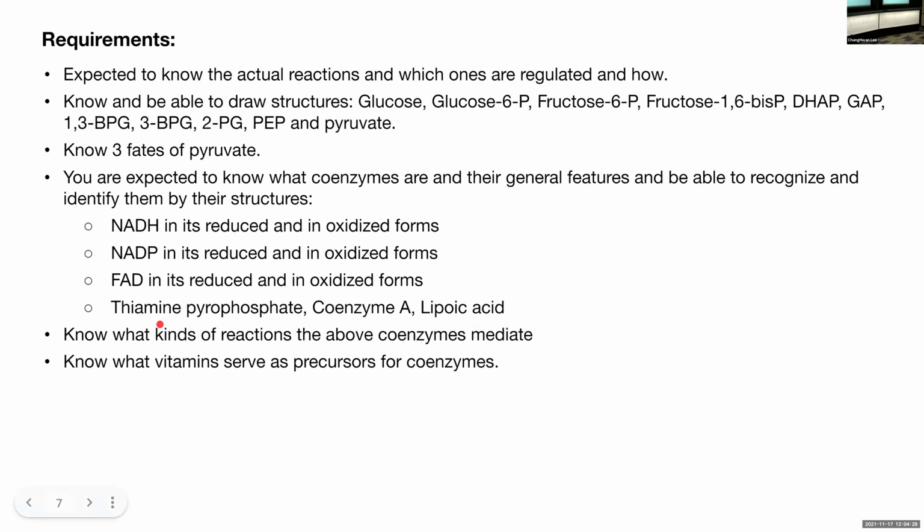As long as you understand how they're involved and what their roles are in boosting the reactions, you should be good. You need to know the kind of reactions these coenzymes mediate, whether oxidation or reduction and so on. Once you understand how redox reactions happen, it's a really simple thing. Again, we're going to talk about this during this lecture. And you should know some vitamins that also work as coenzymes as well as precursors for coenzymes. So you need to know that.